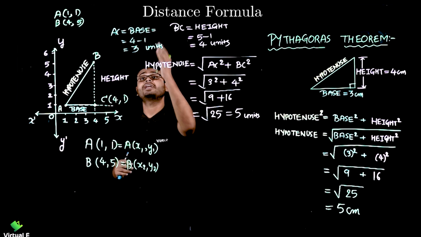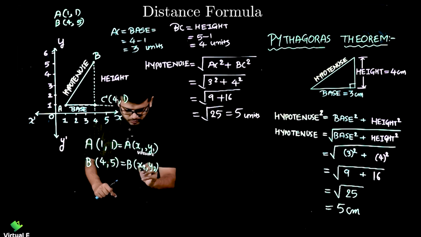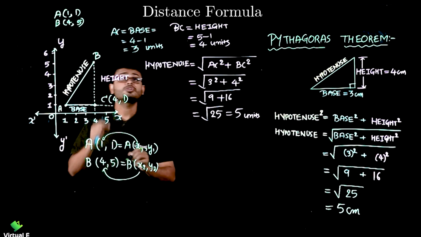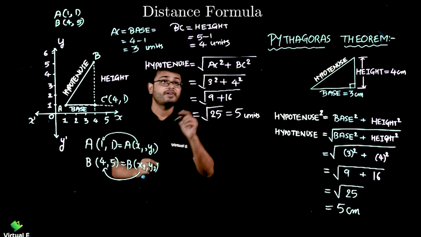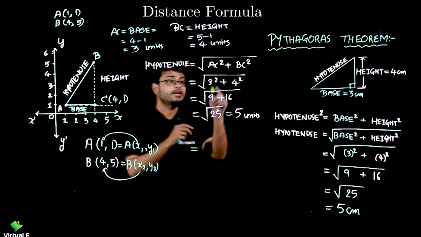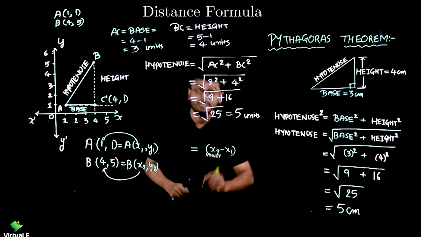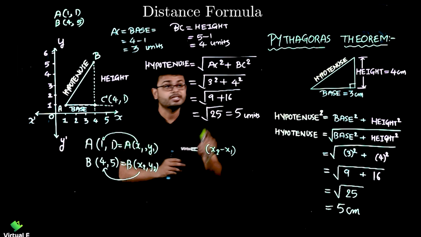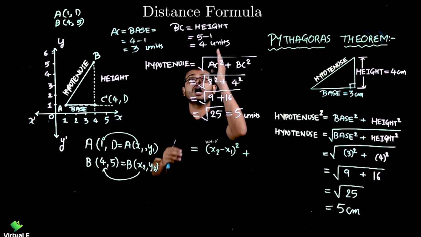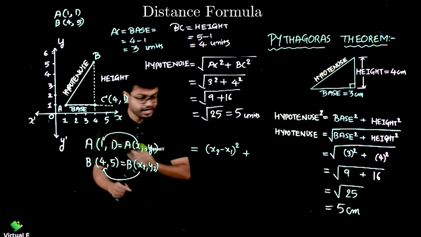If you want to find the base, you subtracted 4 minus 1. What is 4? It is x2. Then what is 1? It is x1. So basically, to find the value, I have done x2 minus x1. Then what do I need to do of it? Square. After subtraction, we have taken the square of it. Then plus, for the height, 5 is y2 and 1 is y1.